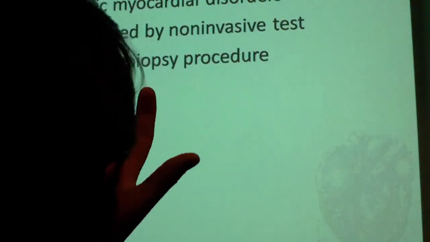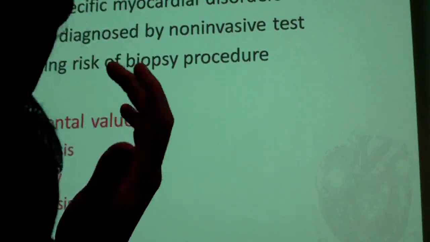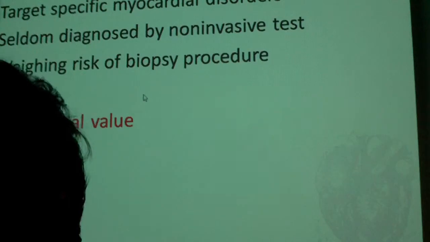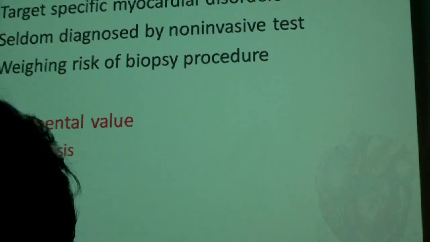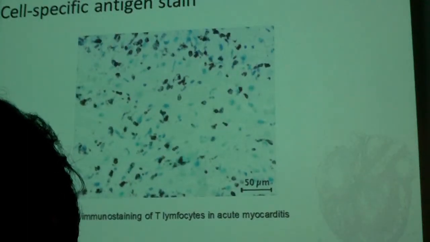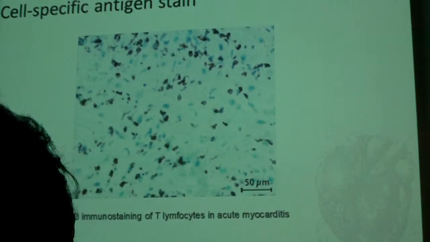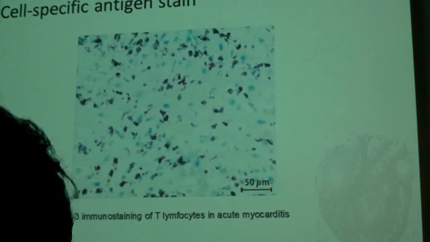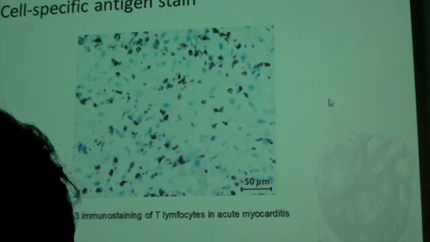So that's why later on, the criteria to take biopsies was that we must have an incremental value, especially for the diagnosis. That's why we performed immunohistochemistry, so we can get specific antigen stainings. Here we can see all these brown spots. Those are the immunohistochemistry, and these are in this case CD3 staining, T lymphocytes.